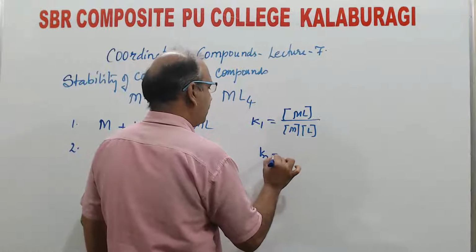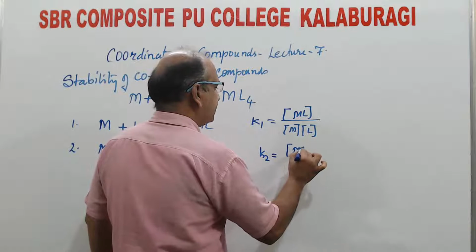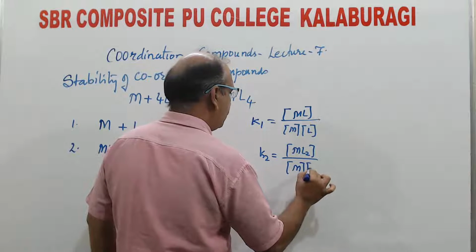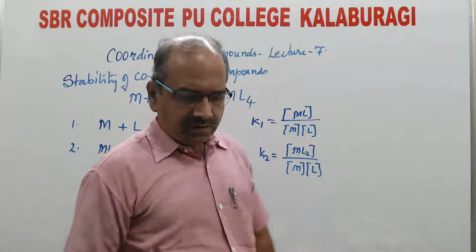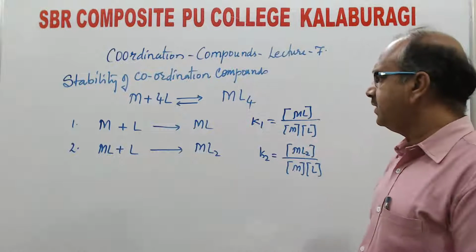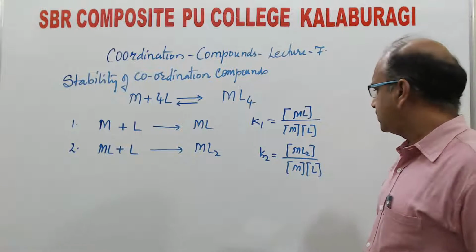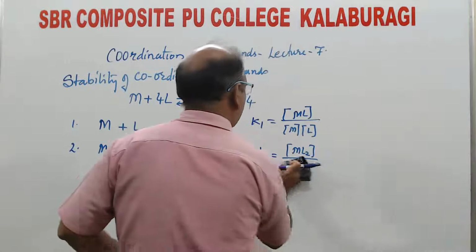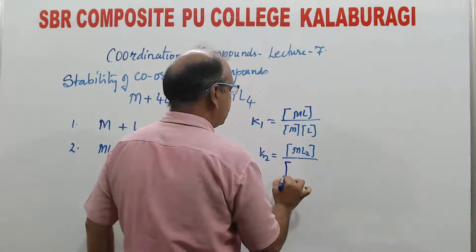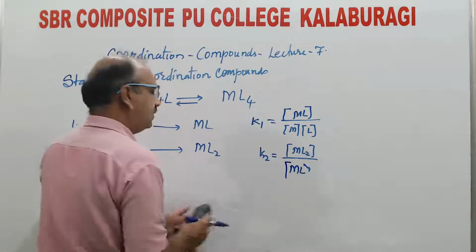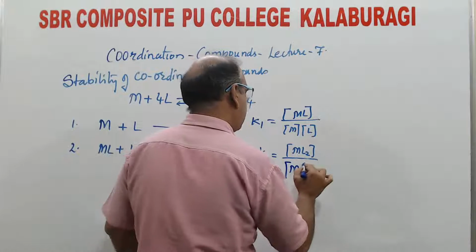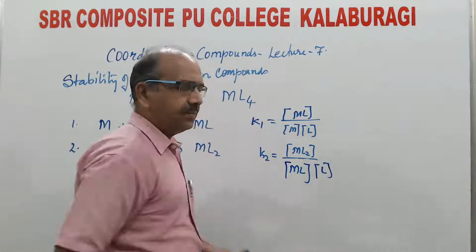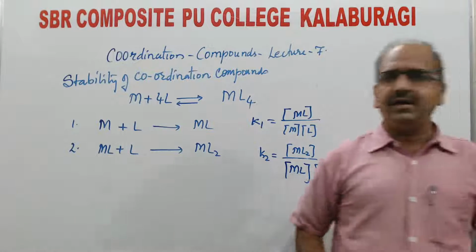The stability constant will be ML2 divided by ML into L, the molar concentration of ML into L. It will keep on increasing, one by one.